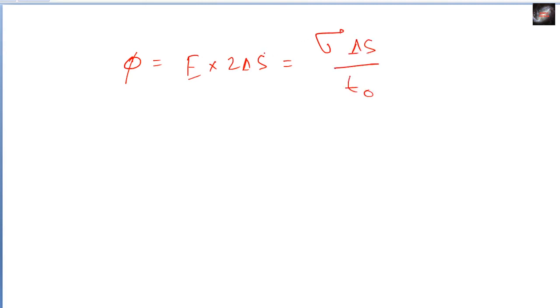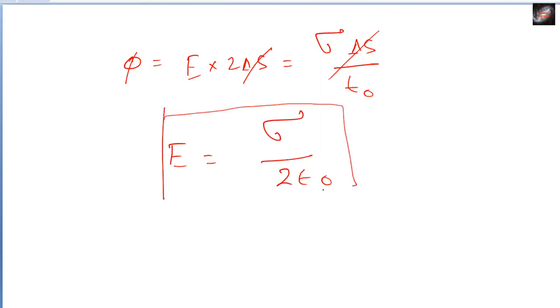So here delta S cancels, and the value of the electric field is equal to sigma by twice epsilon naught. So by using Gauss's law, we can easily determine the electric field for this infinite sheet.